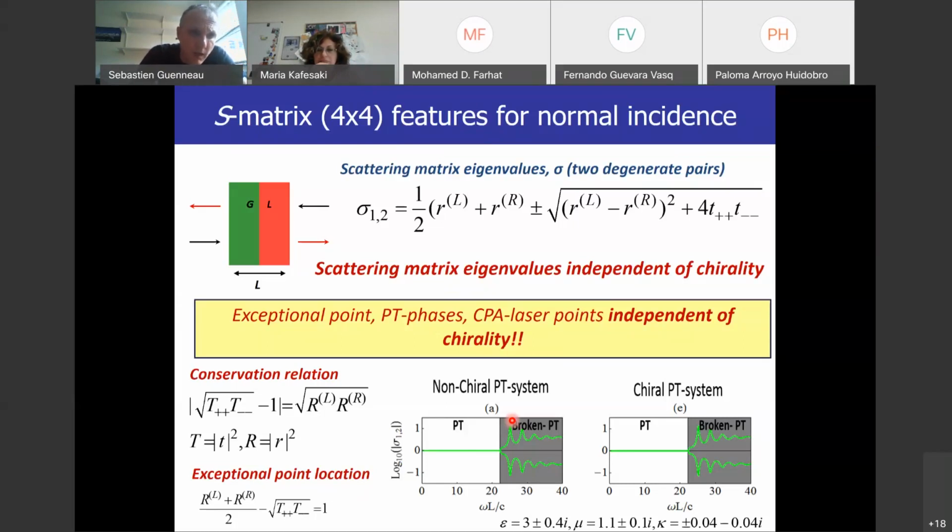Without moving to the realm of elastic waves, just with pressure acoustic waves, you don't call it chirality, but you have a so-called Willis coupling, which might actually generate a similar effect to yours, just considering pressure acoustic waves.